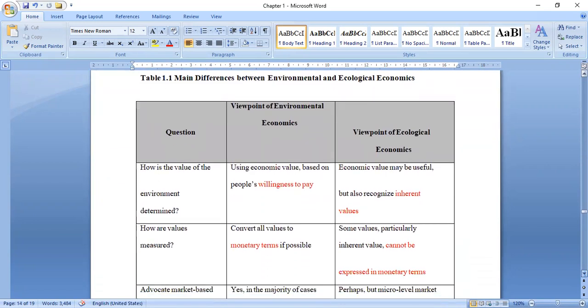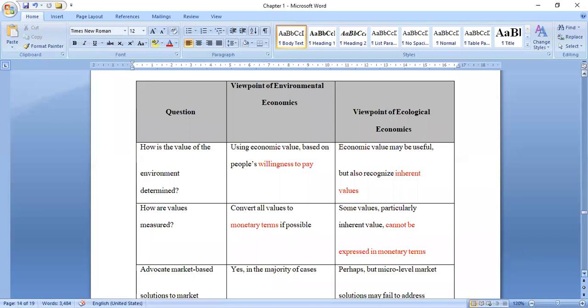So in summary, let us look at the differences between environmental economics and ecological economics. Environmental economists attach value to environmental goods and services, and the value attached is only on grounds that people are willing to pay for those goods and services.